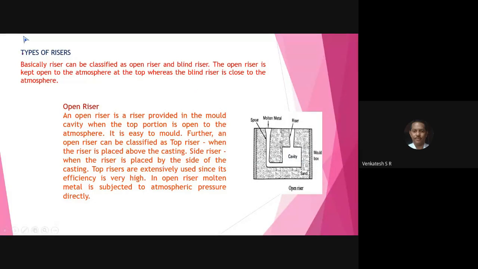This is the function and explanation of the riser. Remember, the riser works as a governor: whenever the mold cavity requires liquid metal to compensate volume contraction, it is supplied by the riser to the mold cavity in order to complete the solidification process.